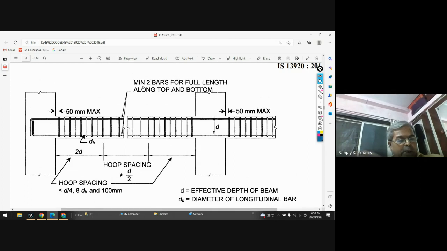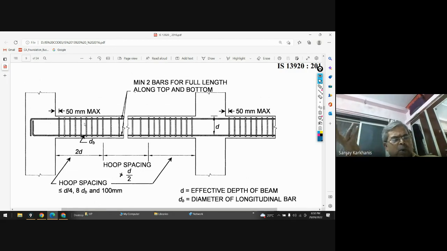Now, what will happen? Let's say you are getting the spacing of the stirrups around 75 mm. Then in that case, you will provide that over here. But if you are getting the spacing of stirrups, say nominal stirrups, having a spacing more than 200 or more than 150, in that case, you have to check these requirements, and then the lesser of this you will be providing in the span of 2D, and this is called the shear span.